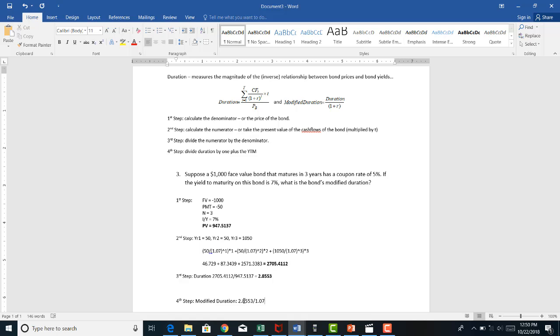In this case, it's 1.07. And I should get 2.67. Again, this is giving us a more accurate estimate of the magnitude of the relationship between bond yields and bond prices.